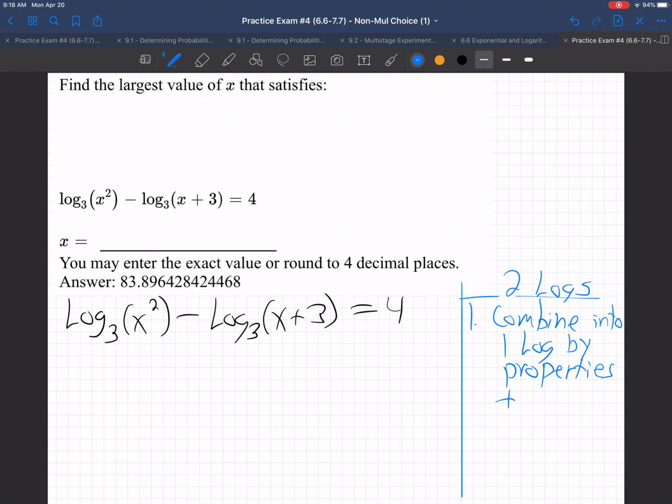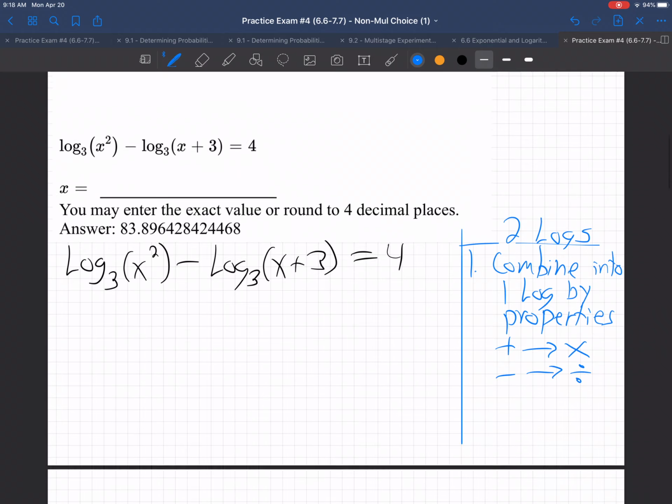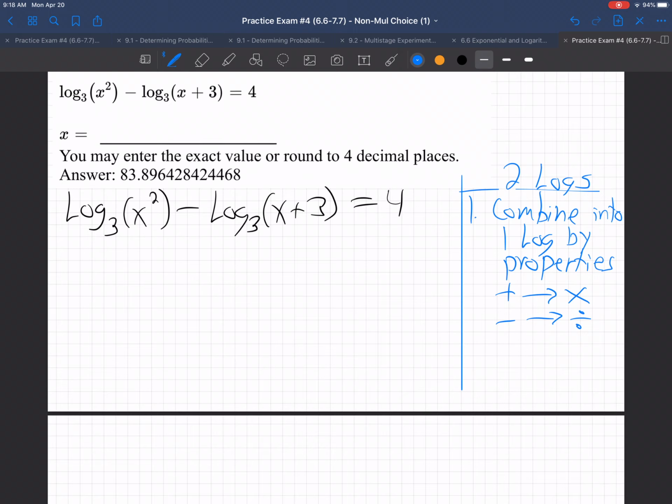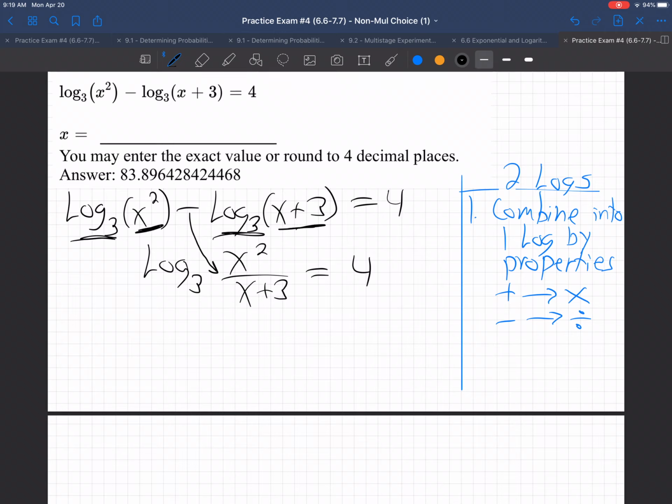Meaning adding becomes multiply and subtraction becomes divide. So this means this is going to become log base 3. Notice how they're both log base 3. It's subtraction in the middle, so it'll become divide, x squared over x plus 3.